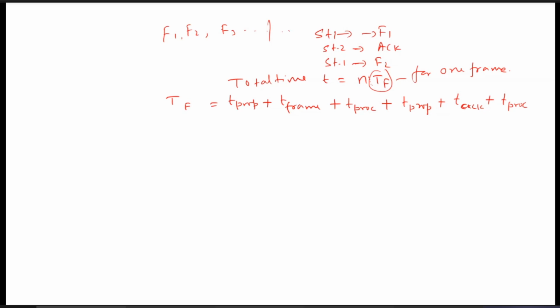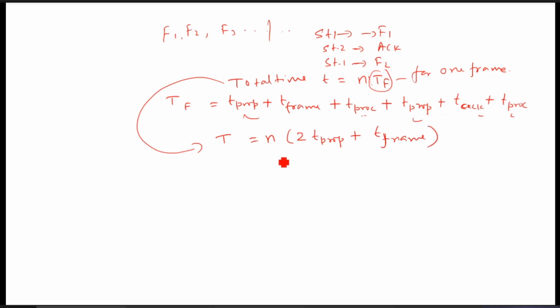So we can write the total time T in the modified form. It is T equals N into 2 T propagation, you see, the others are very small, you can neglect them, plus T frame.